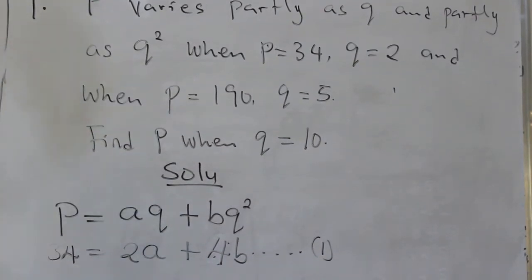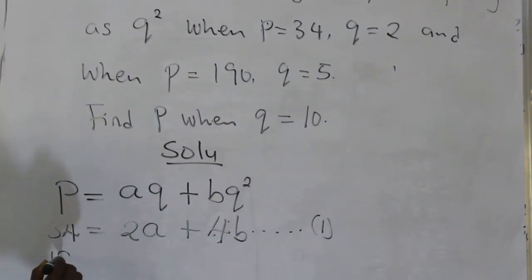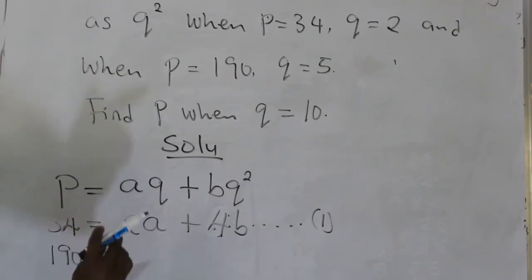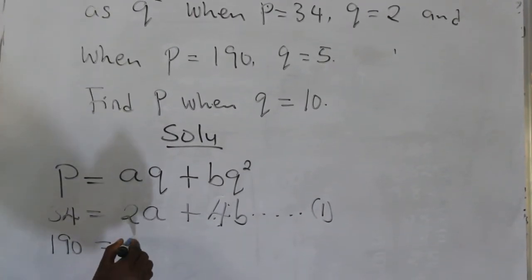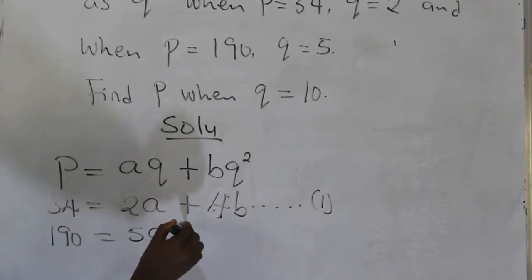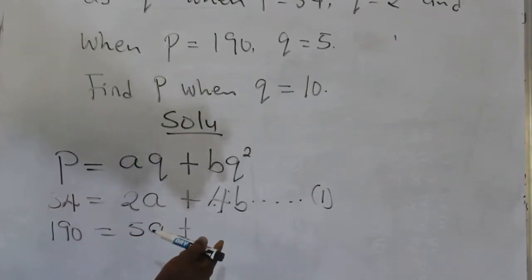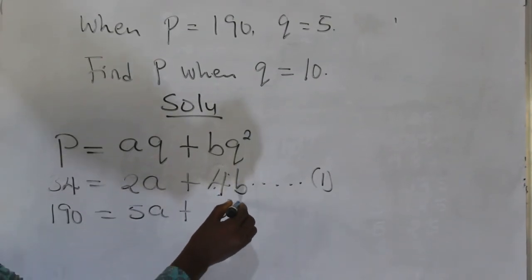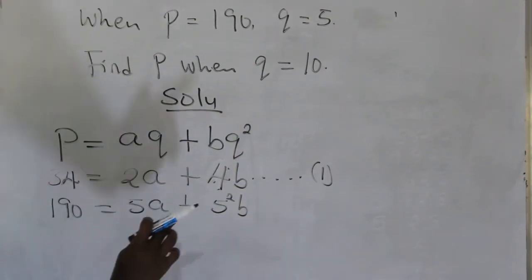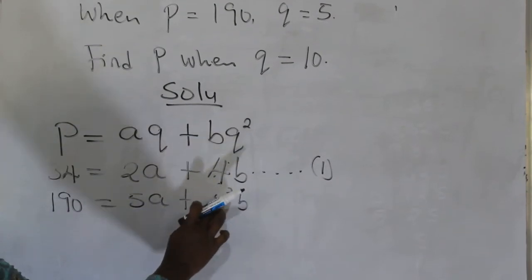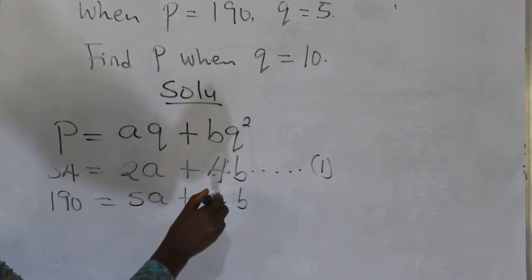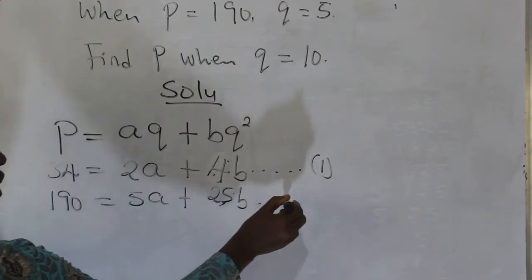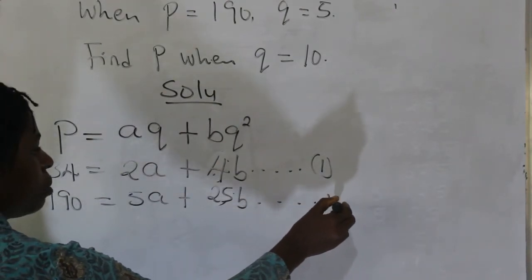Then the second part of it, our p is 190 is equal to, q is 5. So we have 5a plus the second q, which is 5 too. But remember it's squared. So I have 5 square b. So what is 5 square? 25. That is 5 times 5, 25. This is our equation 2.